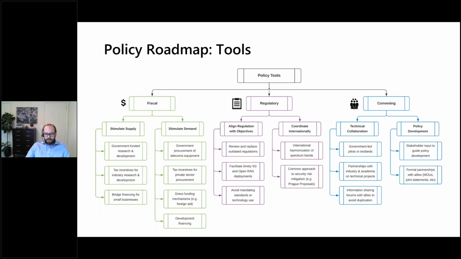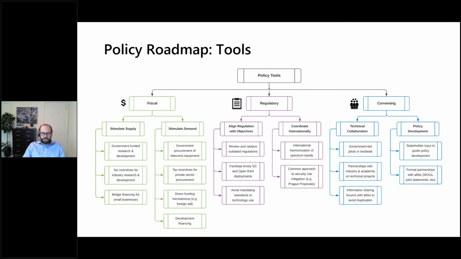And then finally, as we frequently mention, one of the greatest powers of government is the ability to convene. And this breaks out into policy and technical. On the technical side of things, it is about addressing some of the technological challenges, enabling particularly SMEs to prove out their technology in pilots and test beds, helping to bring together minds from industry and academia to work on specific technical challenges, and in particular information sharing with allies to ensure that our activities around the world dovetail and don't duplicate.